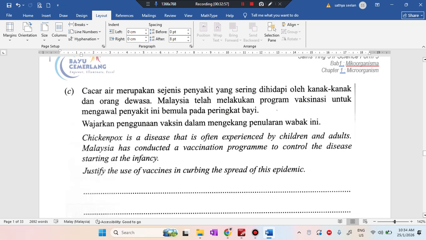So chickenpox is a disease that is often experienced by children and adults. So vaccine, how can this vaccine curb the spread of this epidemic?